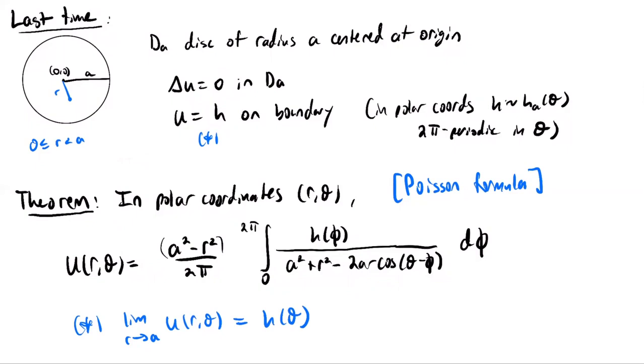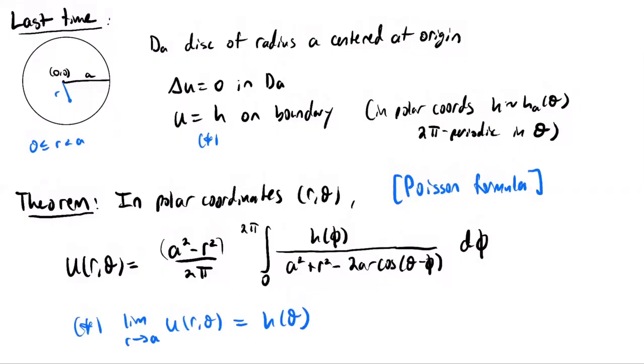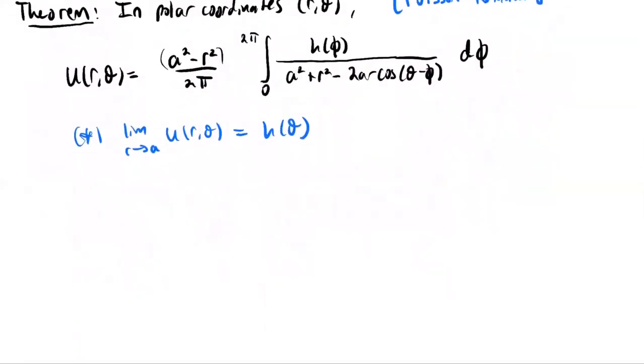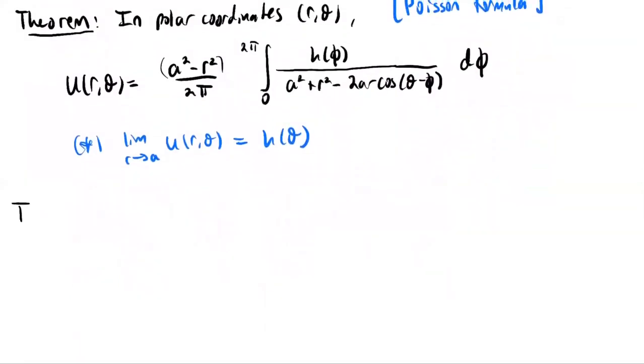Okay, so let's suppose now that we want to find a good formula in terms of x and y coordinates, or in terms of Cartesian coordinates. So how could we do this? Now we want to talk about interpreting the Poisson formula in Cartesian coordinates.